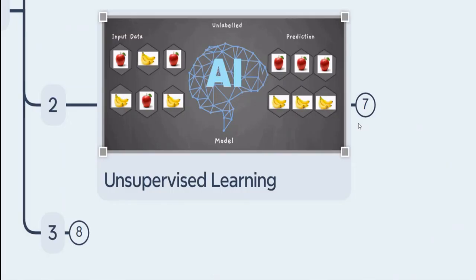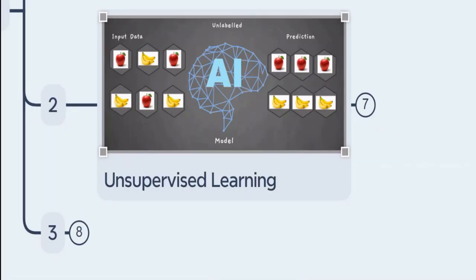Then the baby will take one object, see that it is round shape or anything, and put it in one box. Again, it will take another object and check whether it has the same shape or color. If it is a different shape, it will put it in a different basket. Like that, we can train our model.